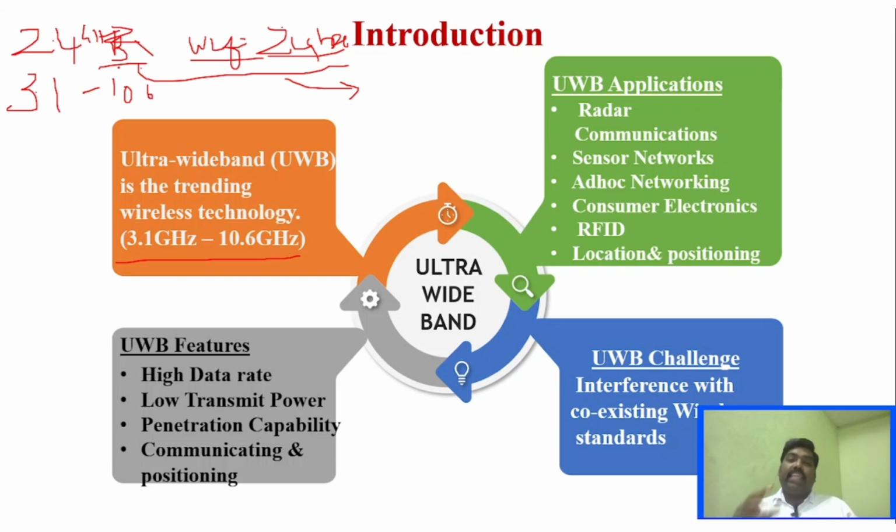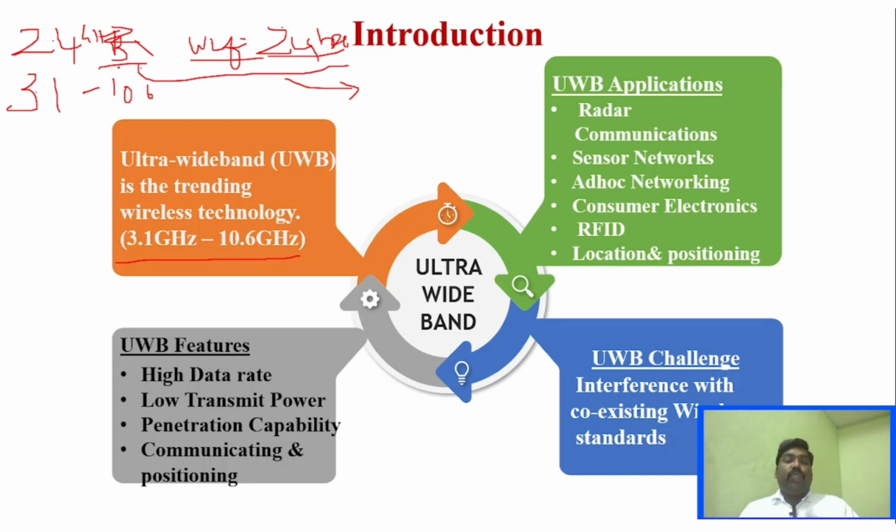That is the greatest advantage of UWB, and this is an RF communication technology, right? Like Zigbee, Wi-Fi, even Bluetooth. In UWB, we are going to have only short range communication. We're going to cover only 100 to 300 meters.